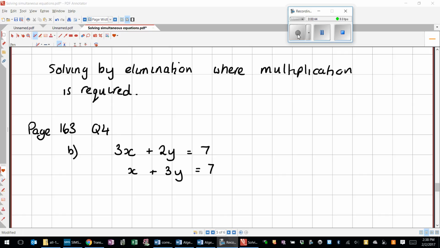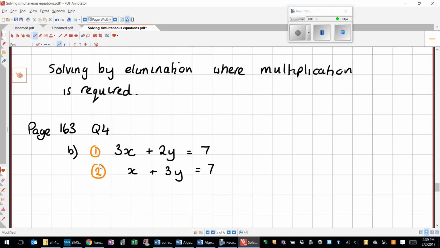So I'm going to number them 1 and 2 again, as I always do. Can anyone remember what we had to do if we don't have the same number of x's and y's? Yeah? We multiply. Now, just to tell you something here, a shortcut method that you may well see if you look up videos on the internet.